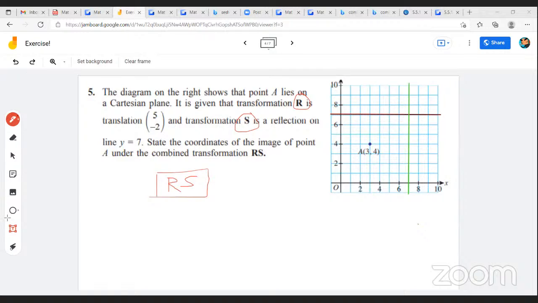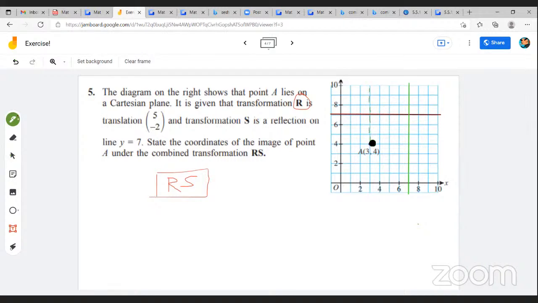Thank you, Hari. So we can see that the red line is the line of reflection. So line of reflection means that this dot will be reflected on the other side, like so.